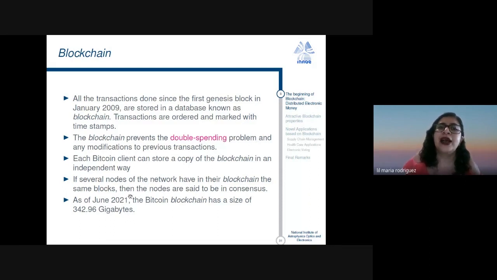As of June 2021, the Bitcoin blockchain has a size of 342.96 gigabytes. This gives you the idea that you need a lot of space to get your own copy of the blockchain. But you can do this in general in cryptocurrency, and with that, you can start to do transactions, and also, if you want, you can try to mine a block if you are interested.